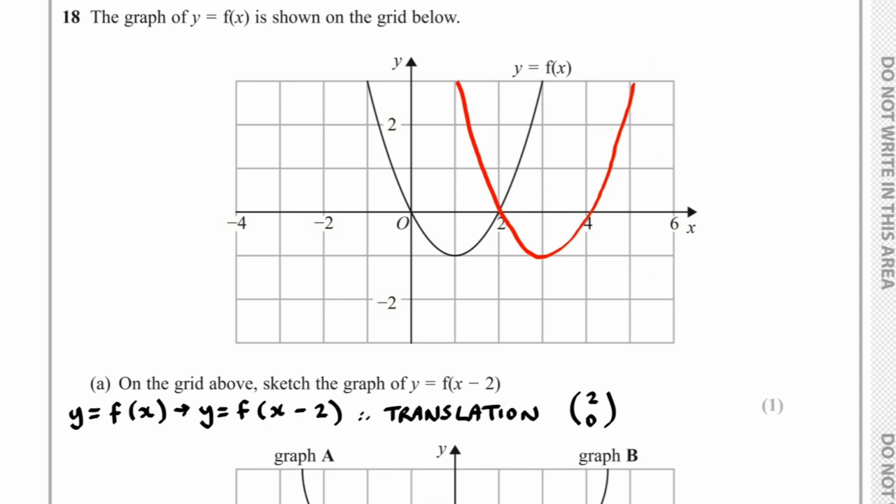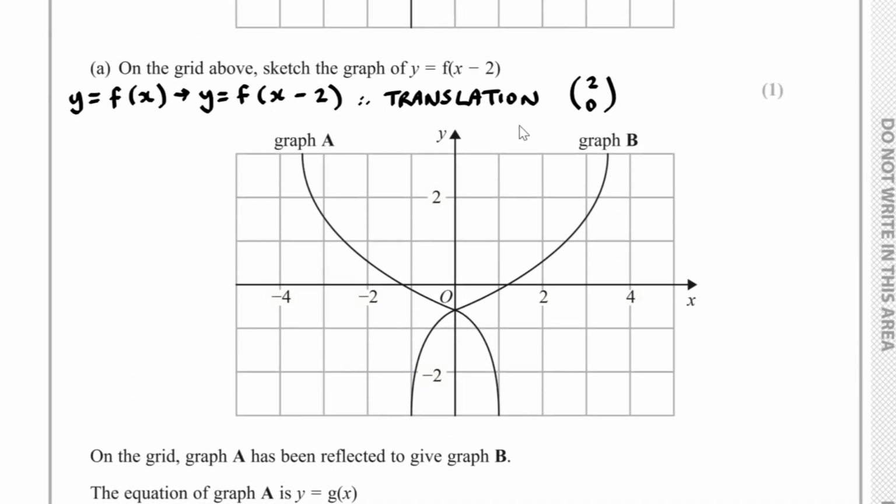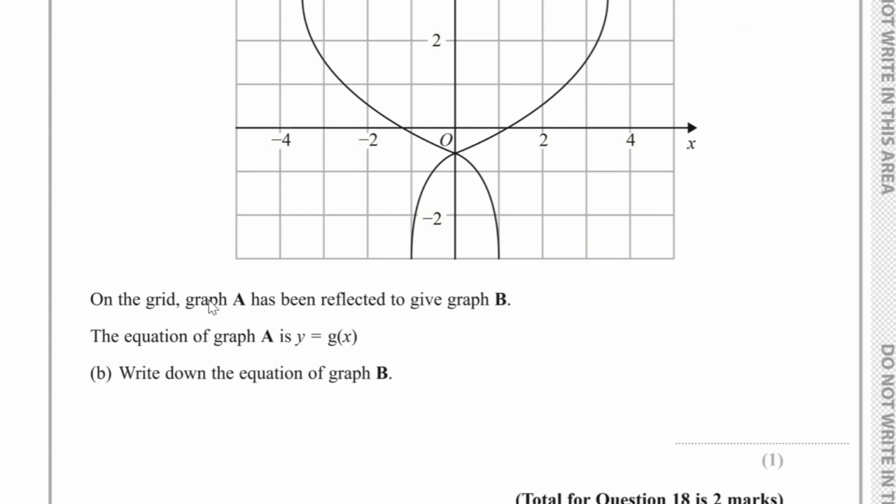And so therefore, here I've got the graph of y equals f of x minus 2. And then for part B, on the grid, graph A has been reflected to give the graph B. The equation of graph A is y equals g of x.